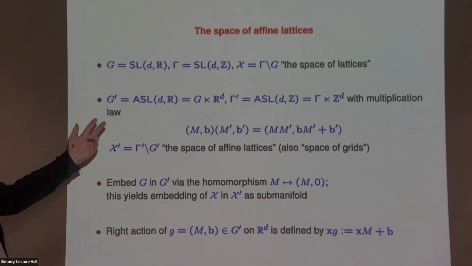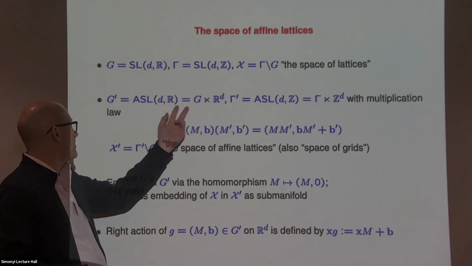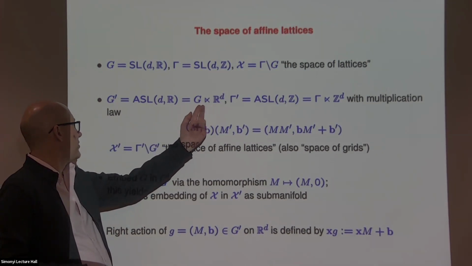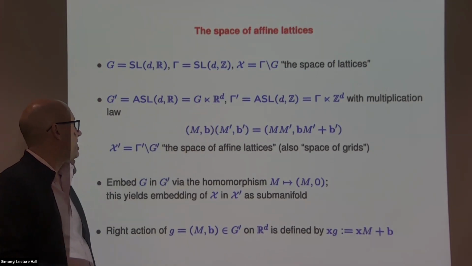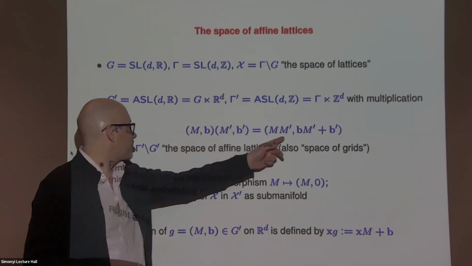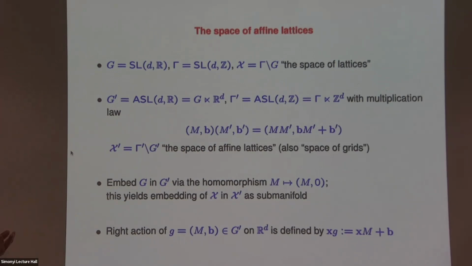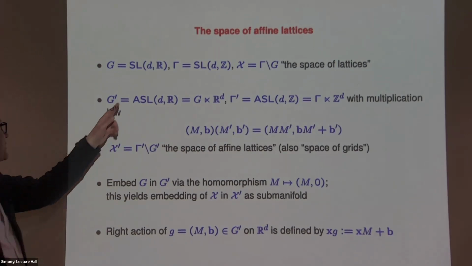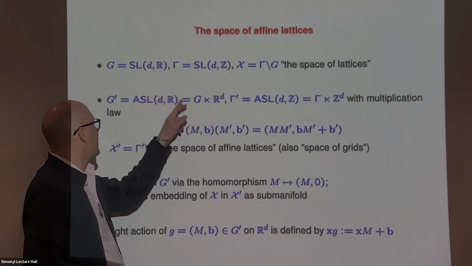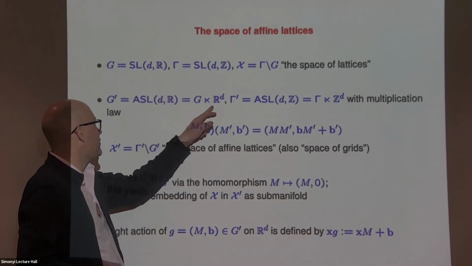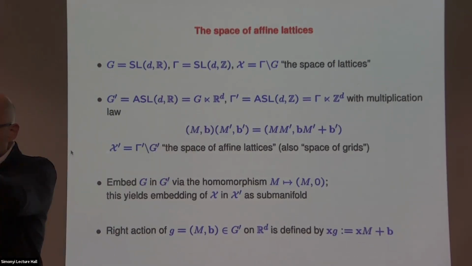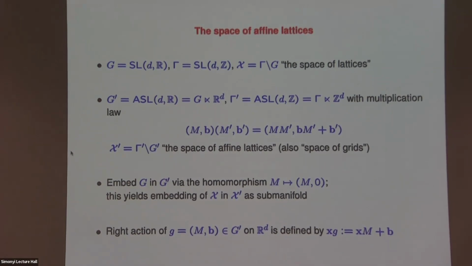And then you can extend that group through a semi-direct product construction where you take G semi-direct product R^d with this multiplication law to create a group G prime, which is called ASL(d,R), the affine special linear group, which is essentially just volume preserving transformations, linear transformations, and translations, because we want to also be able to move our lattice by translation, right?